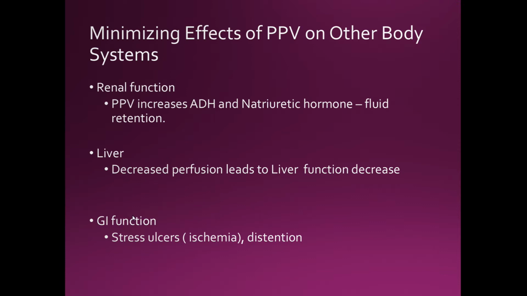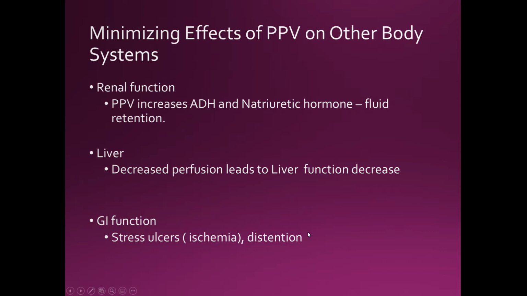Last but not least, we have GI function: a lot of stress ulcers, ischemia, and some distension. Remember, if I overinflate the patient's lungs, like in your BLS when you're bagging pretty fast, then sometimes the air will escape into the stomach, causing distension.